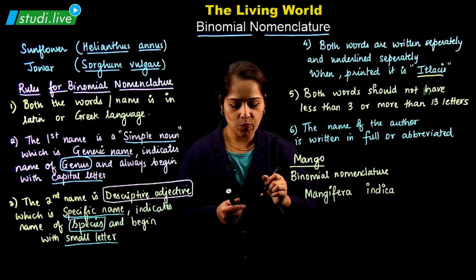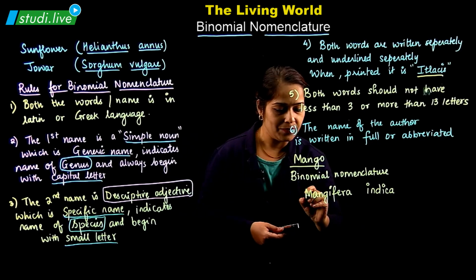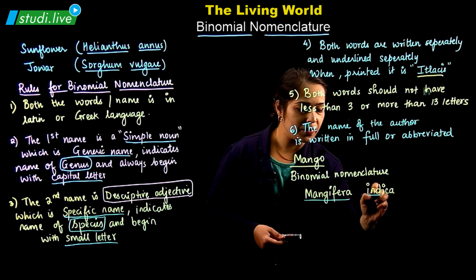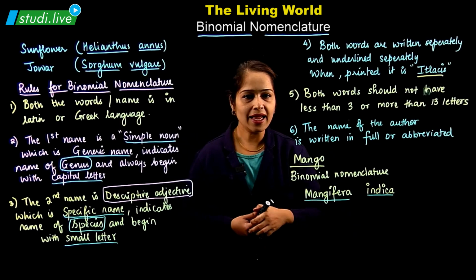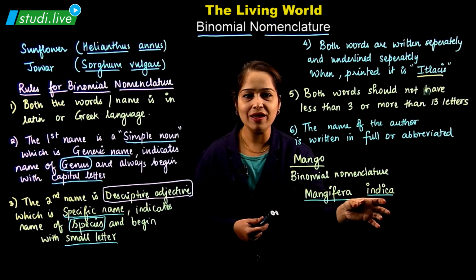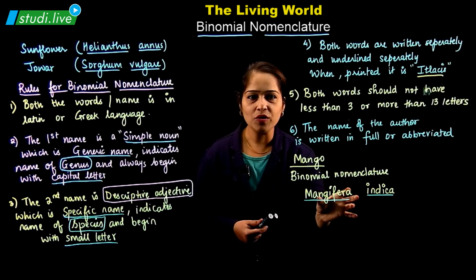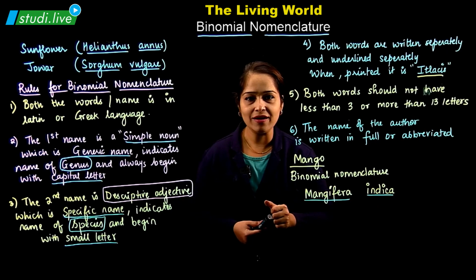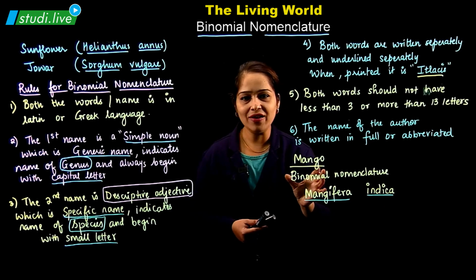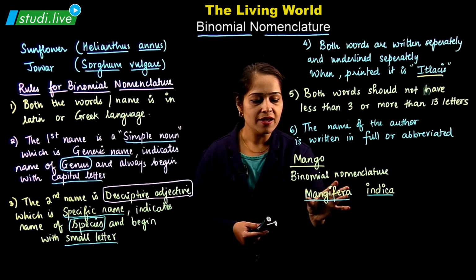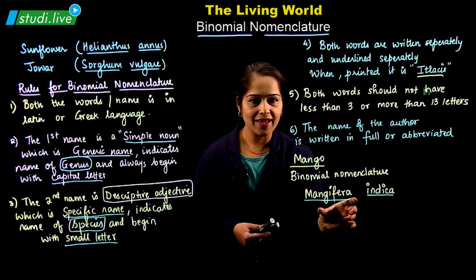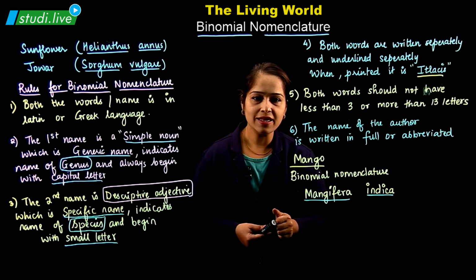Both the words are written separately and underlined separately, and they contain more than 3 and less than 13 letters. You can see over here there are 9 and over here there are 6 letters.